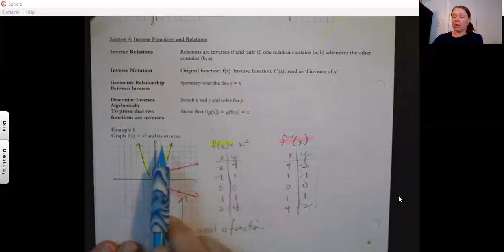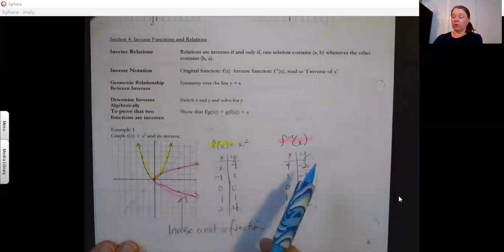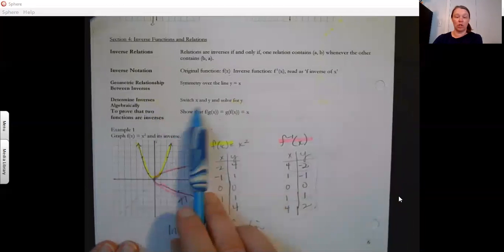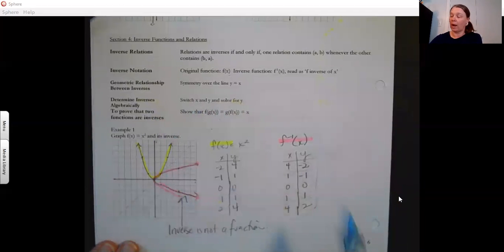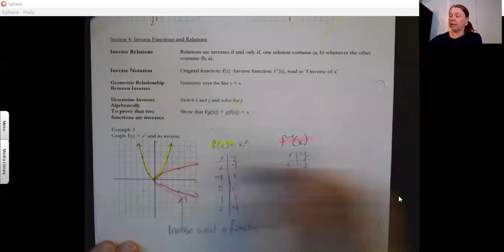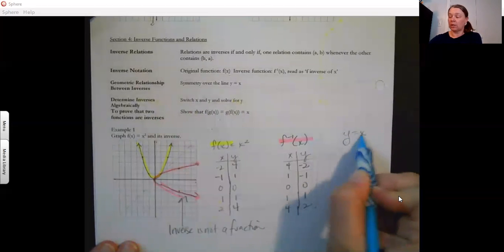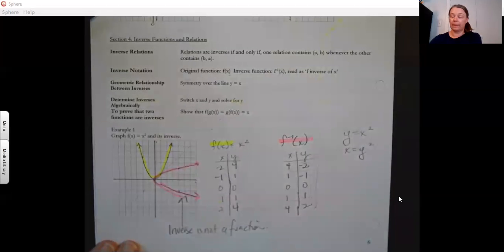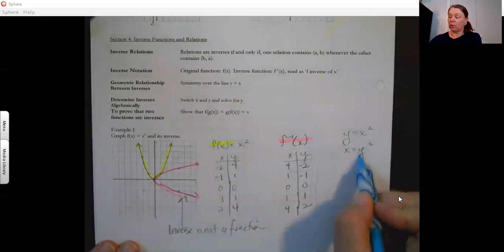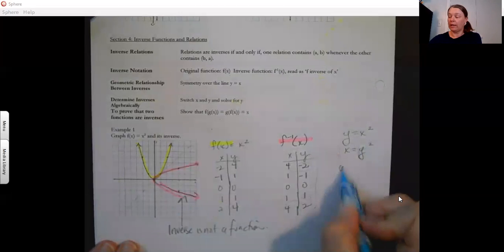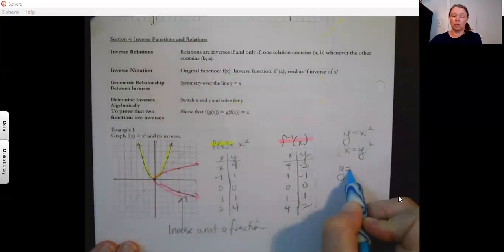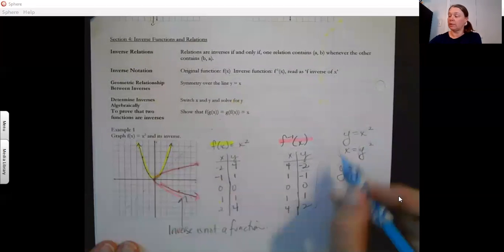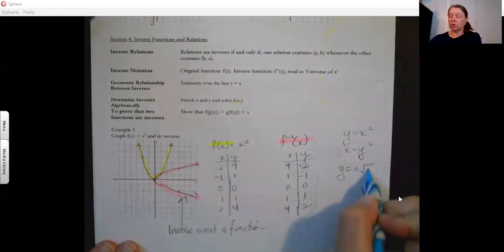And then let's also, while we're at this, talk about how we could find the inverse for this using this idea of interchanging the x's and the y's and solving for y. So remember, f of x I can think of as y equals x squared. So if I interchange the x and the y and solve for y, so I take the square root of both sides, I would have y equals, and don't forget when you take the square root of both sides when you're solving, it's plus or minus the square root of x.